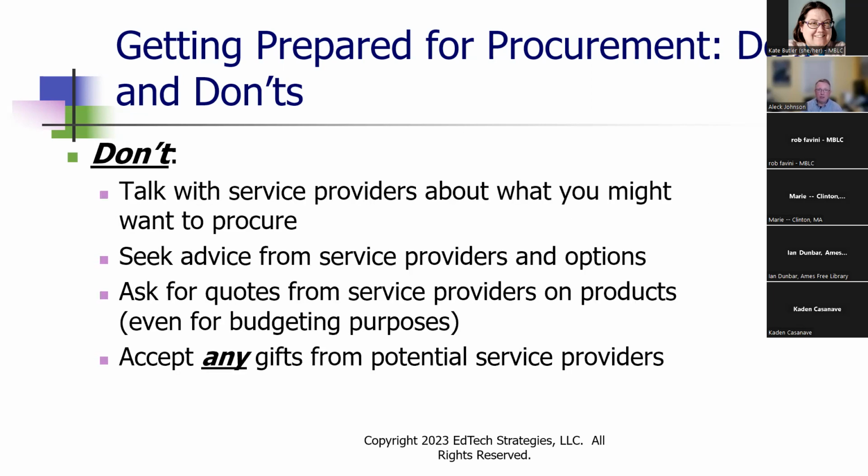What are the things you definitely should not do? You shouldn't talk with service providers at this point about what you might want to procure. That includes seeking advice from many service providers on the options that they offer. And most importantly, don't ask for quotes. Even if you're just looking at it from a budgetary perspective, don't communicate with service providers about the services that you're interested in receiving.